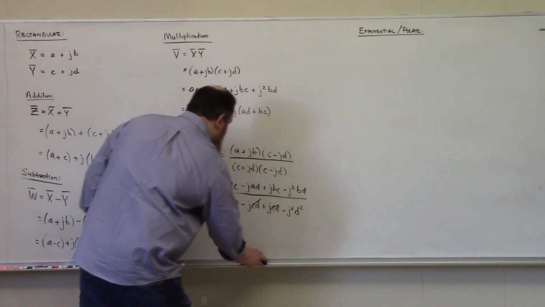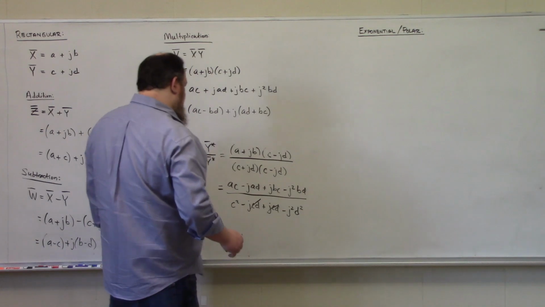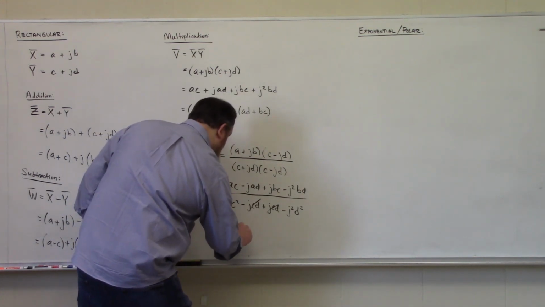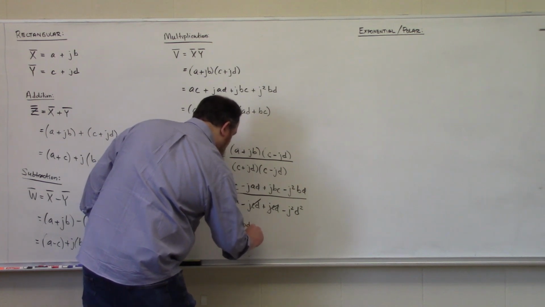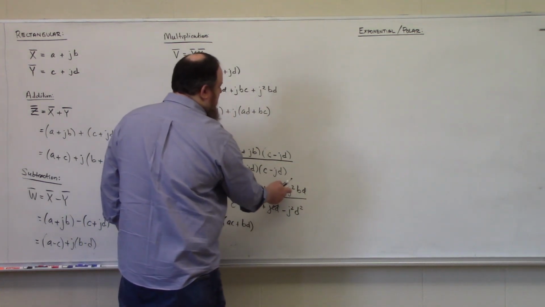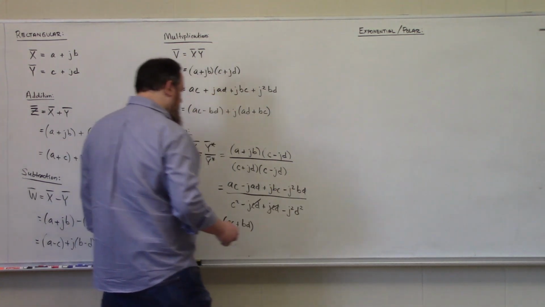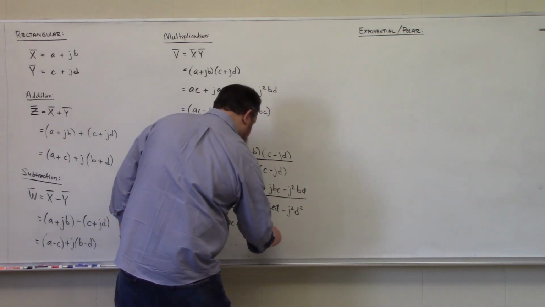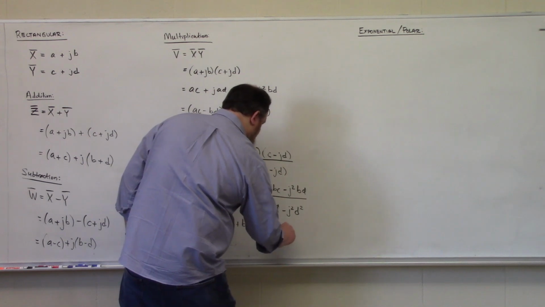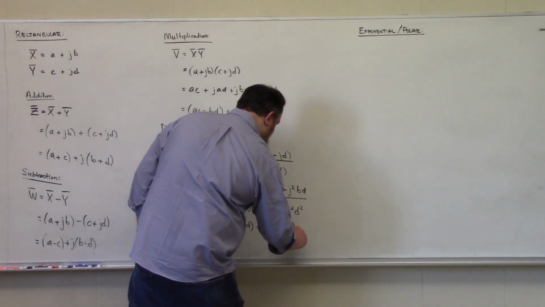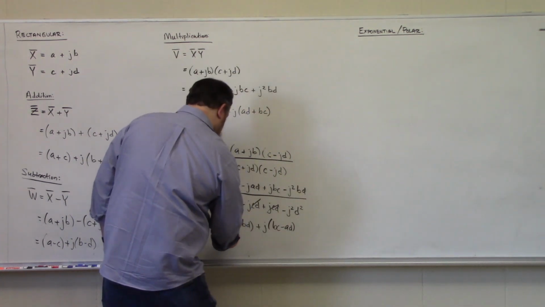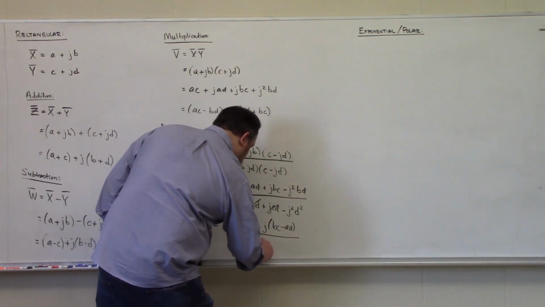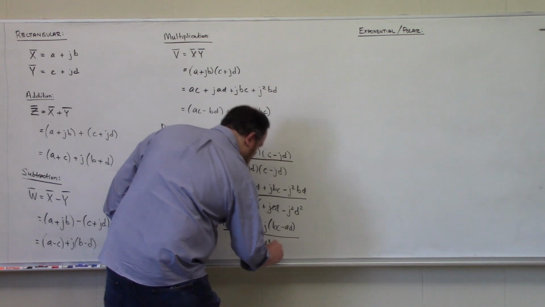And this will reduce to AC plus BD, because negative times negative 1 is positive, plus j(BC minus AD), divided by C squared plus D squared.